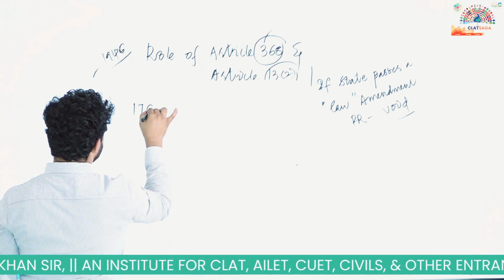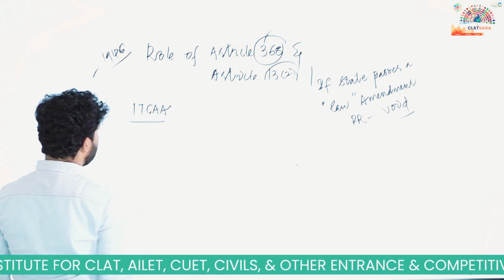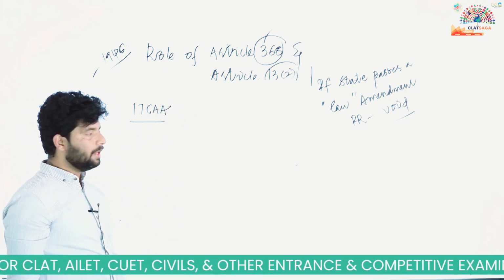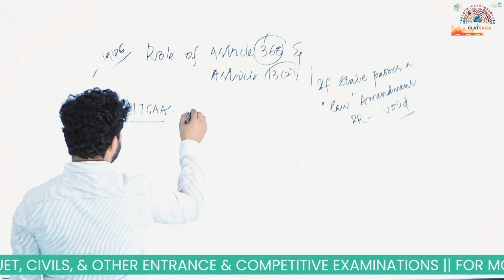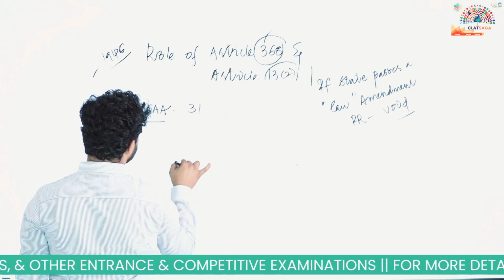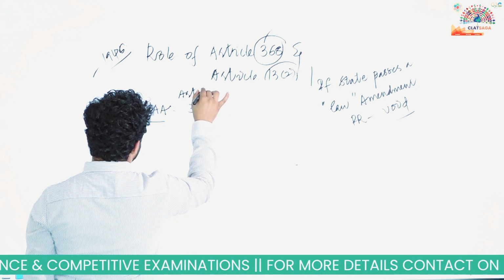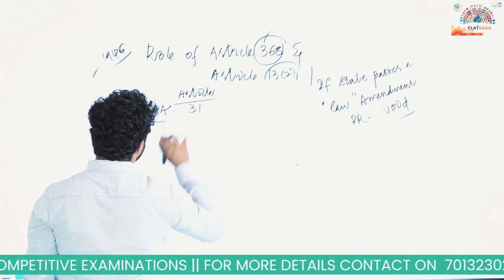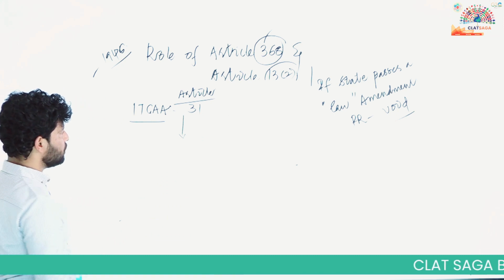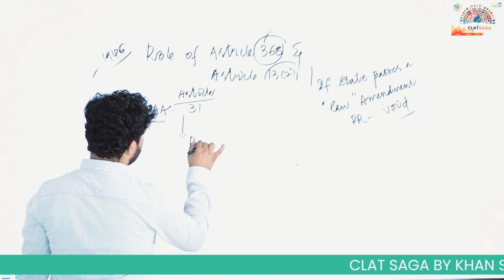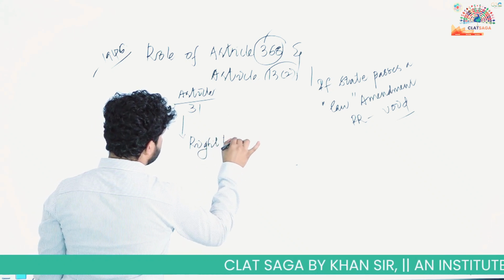Let me tell you first, there was the introduction of the 17th Constitutional Amendment Act by Parliament. In that 17th Constitutional Amendment Act, the government introduced reforms in Article 31. What is Article 31? It concerns the right to property.